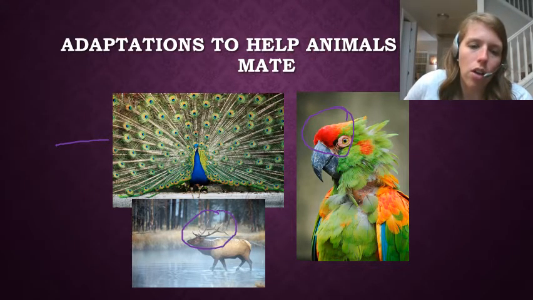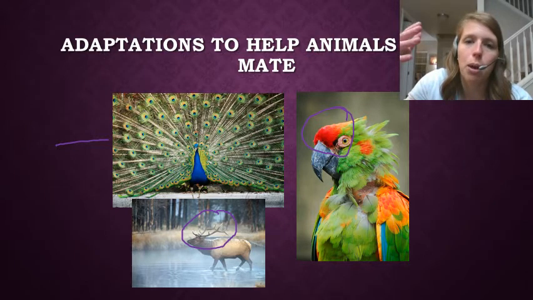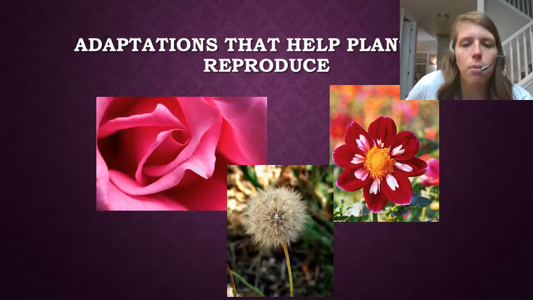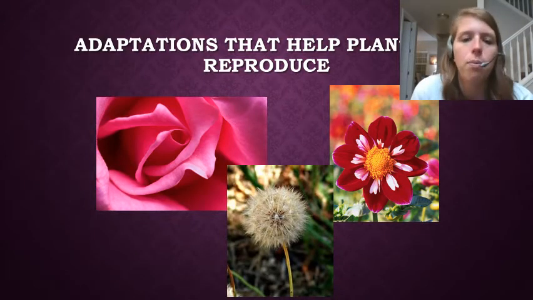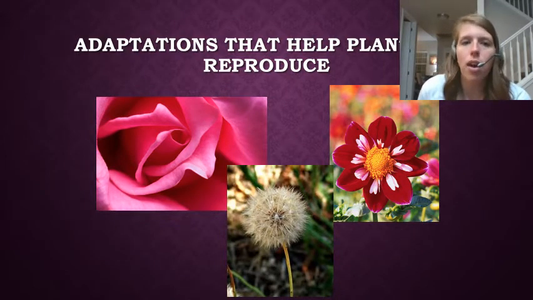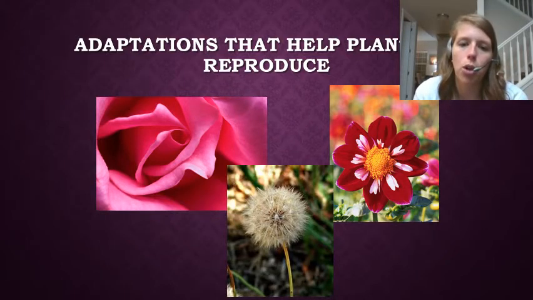So the antlers on many animals are used to fight other males in a display to try to win the female mate, right? Because reproduction is huge in living. That's a big deal. Looking at the other side of things, plants also have many adaptations that help them reproduce. Flowers are a big one.